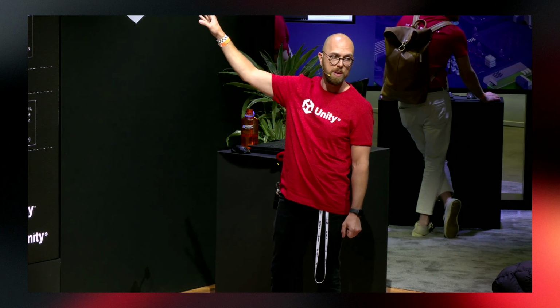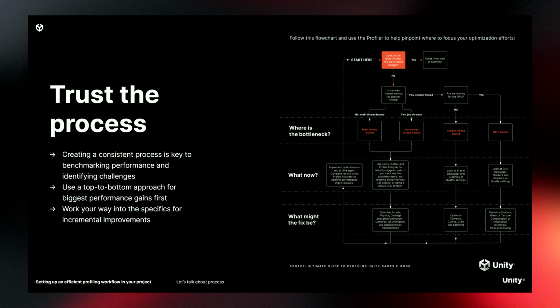Start by looking at Unity Profiler and determine whether the main thread is the thread that is limiting your CPU usage or not. In Unity, most of the time this is the case. It's where most of the work is being done in a Unity build.